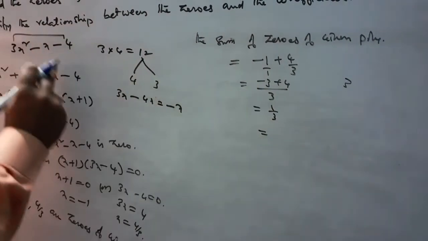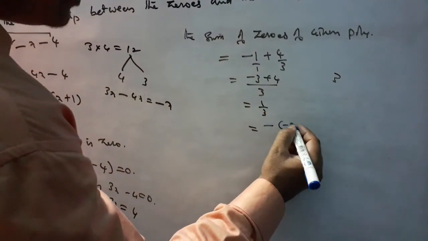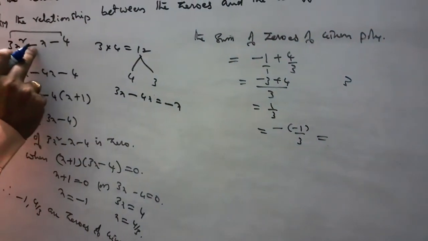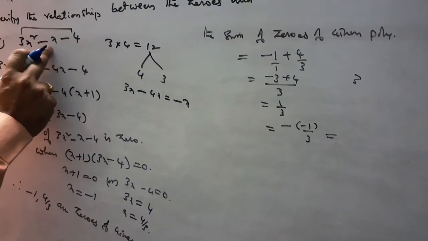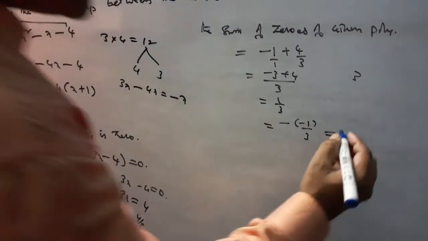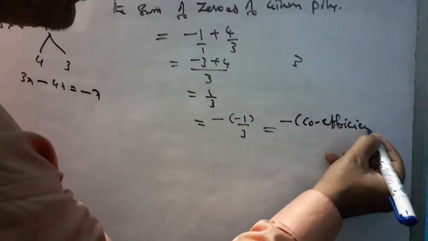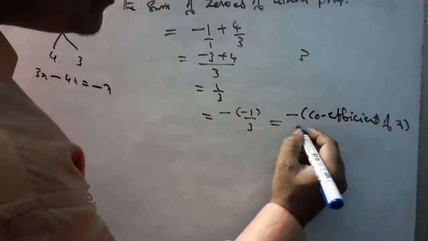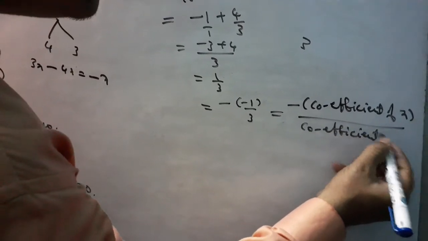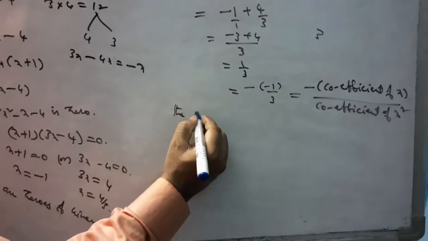So 1 by 3 we can write as minus of minus 1 by 3. So it is nothing but minus 1 means it is the coefficient of x, and 3 means it is the coefficient of x square. So minus coefficient of x by coefficient of x square.